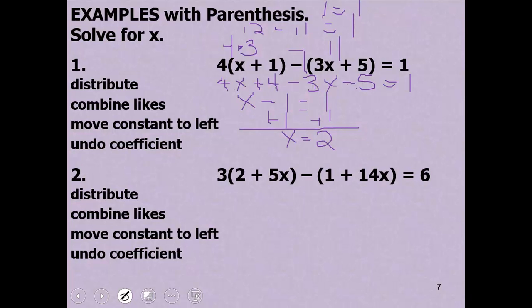There we go. Guess I'm a little too close to the edge. Why don't you hit pause, try number 2, and then come back and see if you got it right.